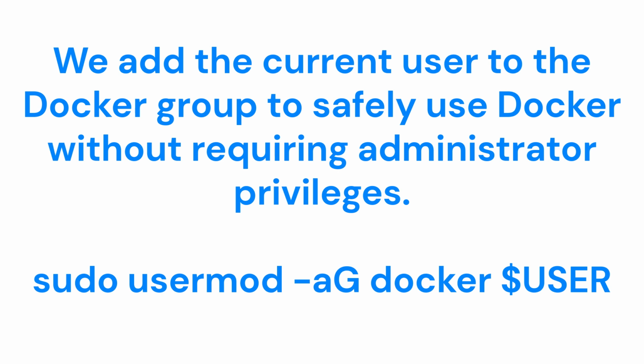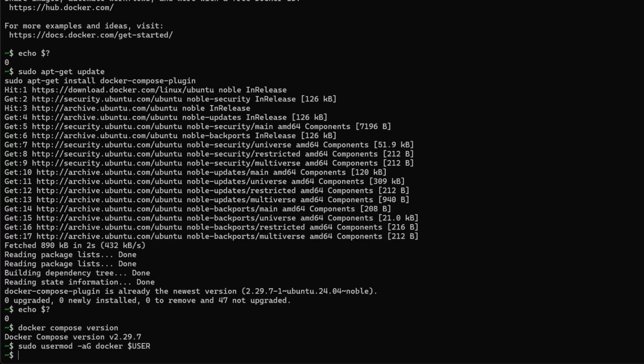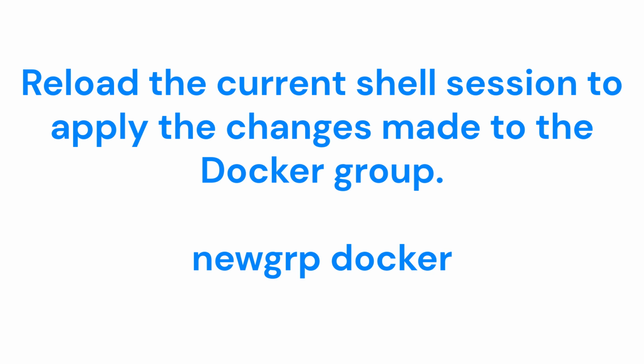We add the current user to the Docker group to safely use Docker without requiring administrator privileges. Reload the current shell session to apply the changes made to the Docker group.